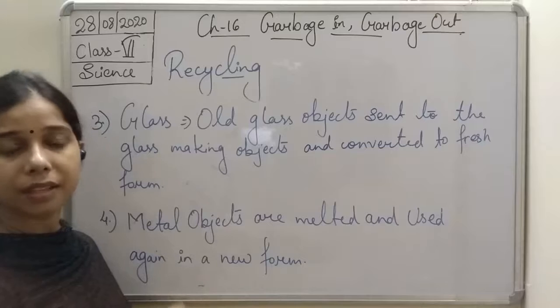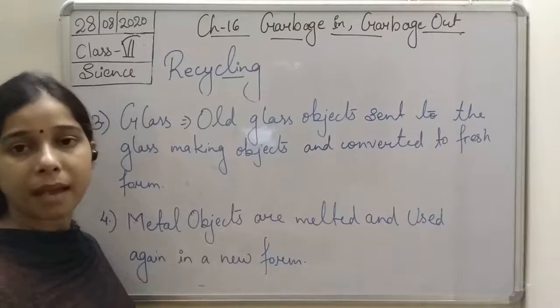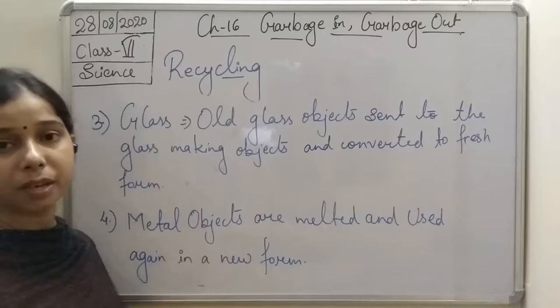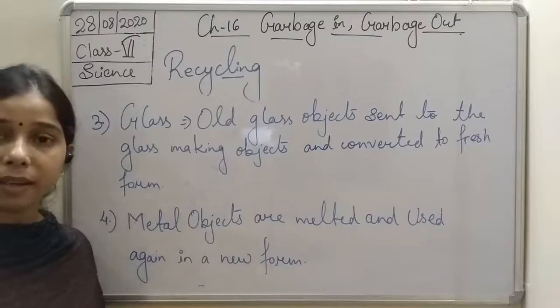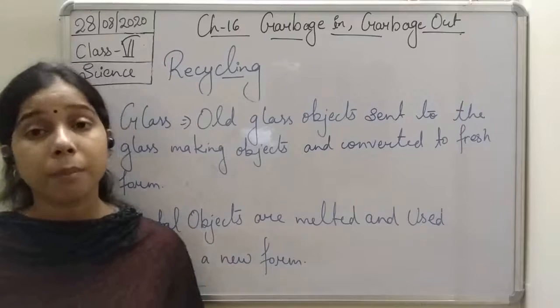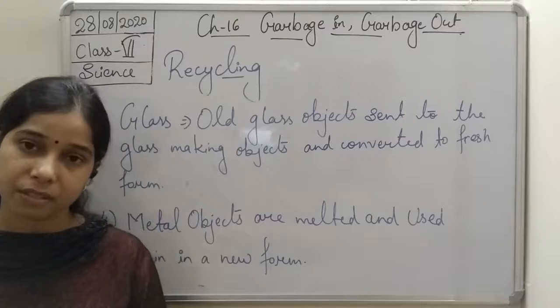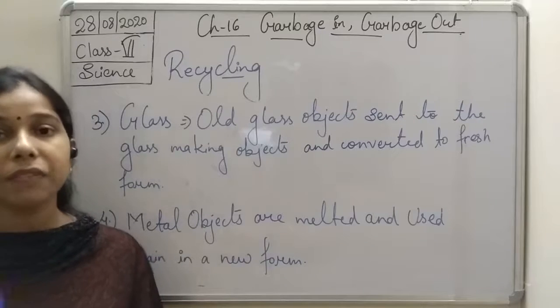So you have seen whether it is paper, glass, metal objects, or plastic objects, they are sent to their respective industries and from there they are converted into the fresh form. Now before sending them to their respective industries, what will we do first, students? At first we will separate it.